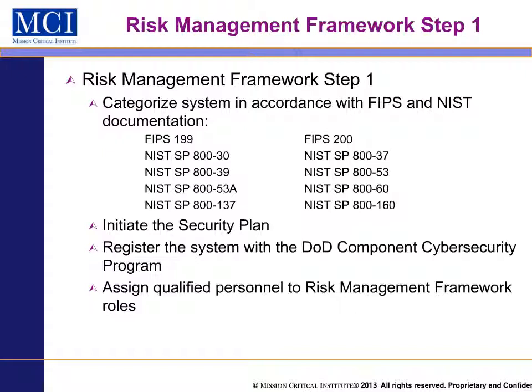Now, the information owner or the information systems owner will identify the types of information associated with the information system and then assign a security impact value, usually low, medium, moderate, or high, for the security objectives of confidentiality, integrity, or availability to each information type.